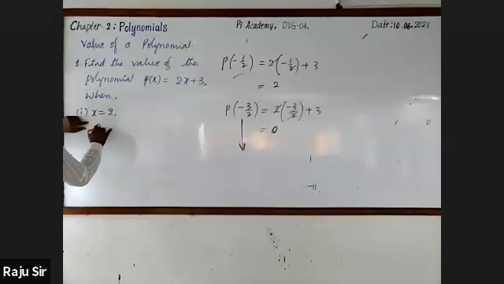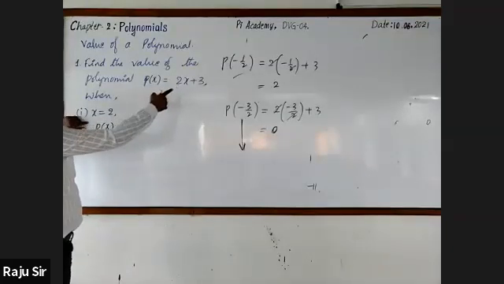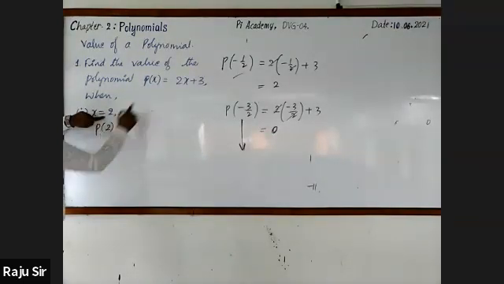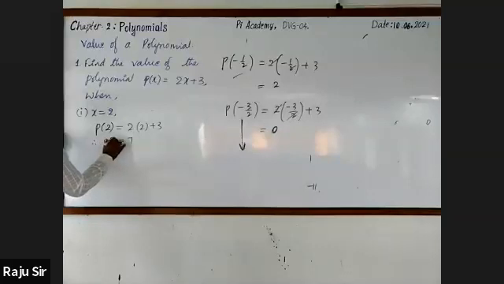You know that p of x is equal to 2x plus 3. I'm substituting directly. In place of x, you should write 2. 2 into 2 plus 3 is 7. So p of 2 is 7.